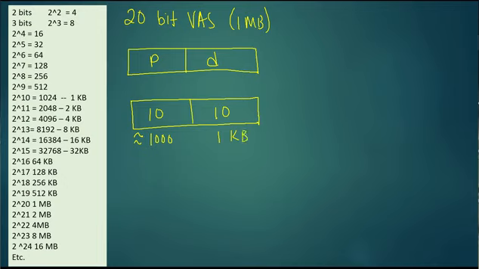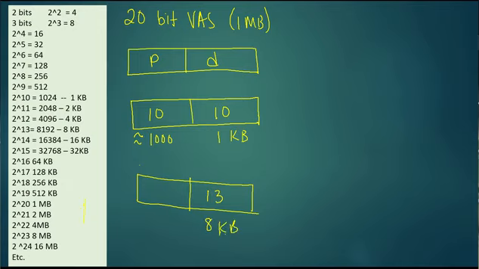If we took the same 20-bit virtual address space and broke it up so that we have 13 bits for the offset, that would raise the size of our pages from 1 kilobyte to 8 kilobytes.